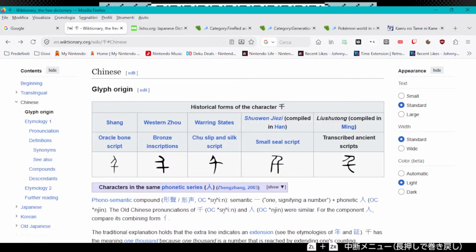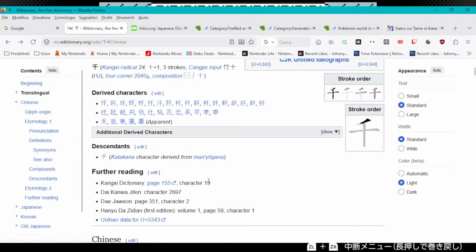From that one and the number, we can then see why we get the meaning of this kanji, which is 1000. It's the sen, we should have seen it actually at some point.